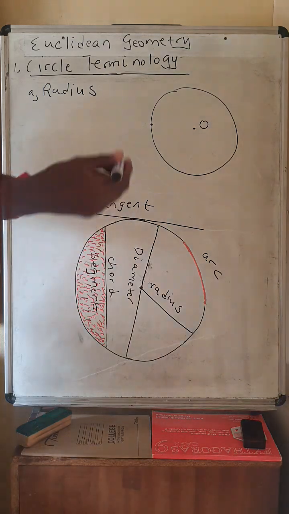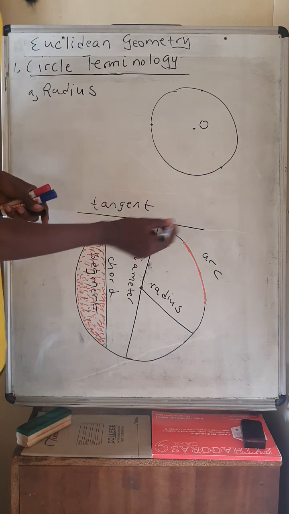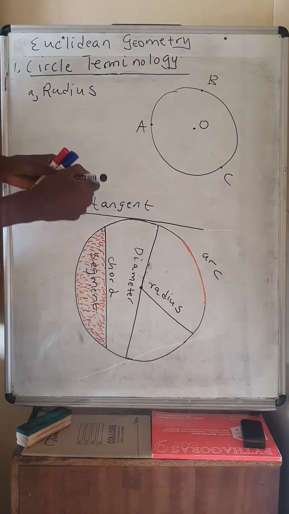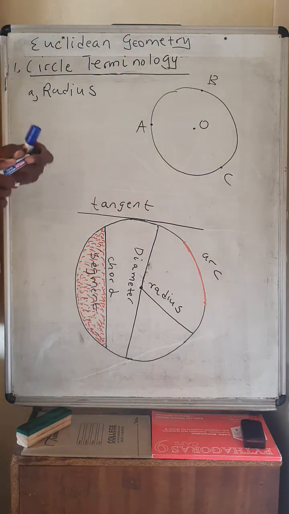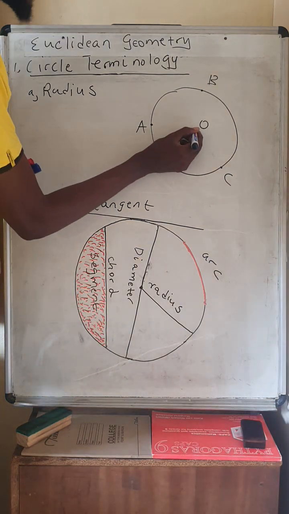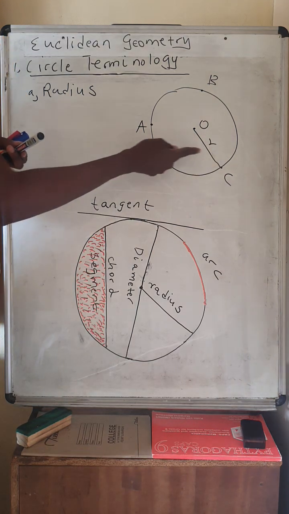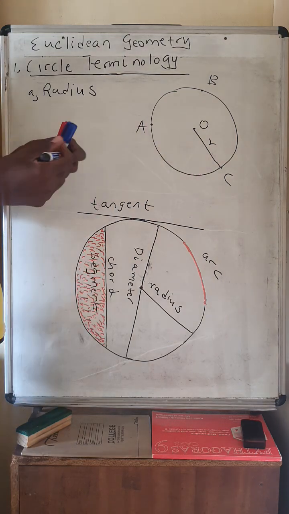A radius. So let me just select maybe 2-3 points along the circumference. Let me call them A, B, and C. A, B, and C are points along the circumference, and O is the center of the circle. If I draw a line joining O and C, what I'm going to produce here will be called a radius, because this is a line that is drawn from the center to the circumference of a circle.